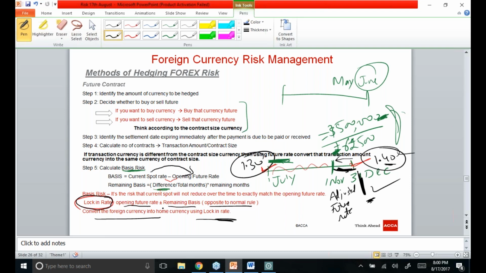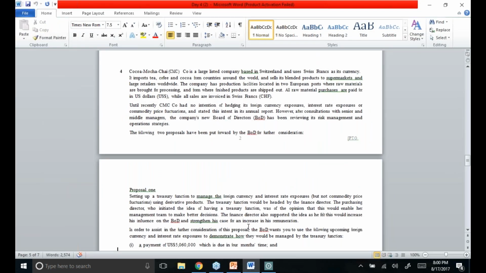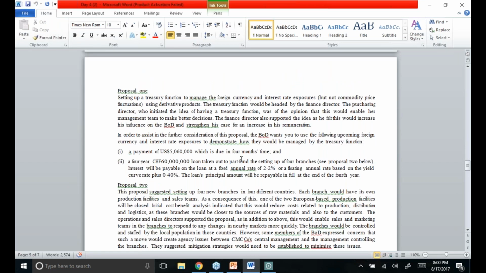Let's try to learn this concept with the help of an example. There's a past paper question in your handout section. That is CMC.